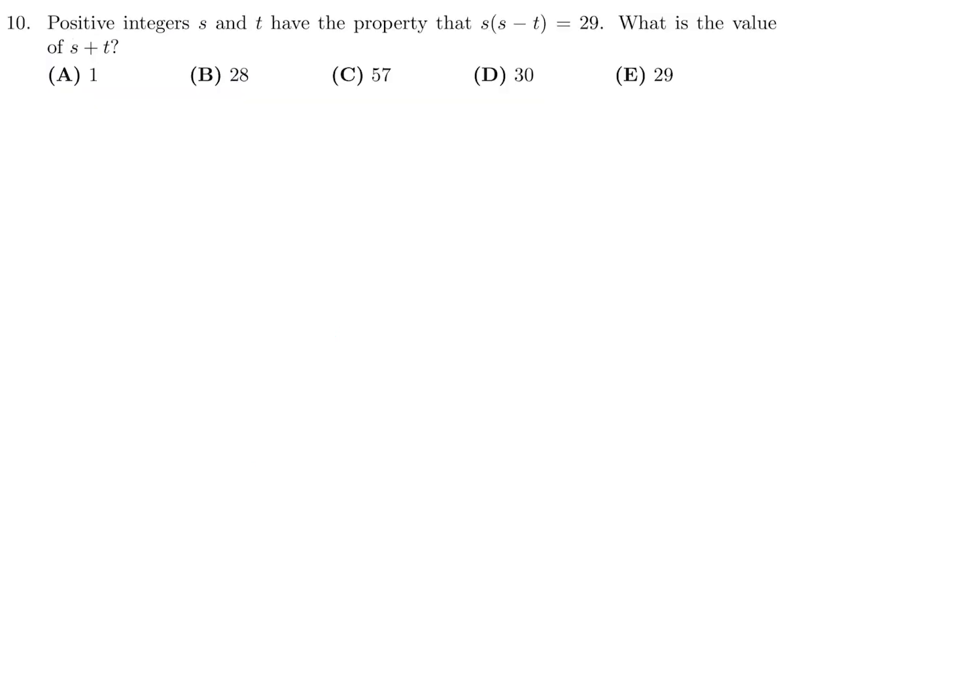Positive integers s and t have the property that s times (s minus t) is 29. What is the value of s plus t? s times (s minus t) is equal to 29. Well, 29 is a prime number. It's 29 times 1, right? Because we have two numbers here. So how do we get two numbers? Well, just stick on a 1, and that should suffice. So that means this is the 29, and this is the 1.